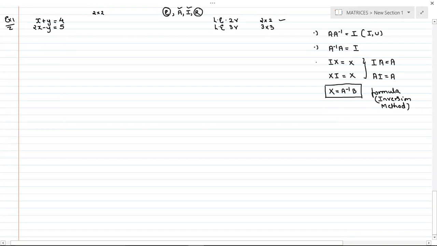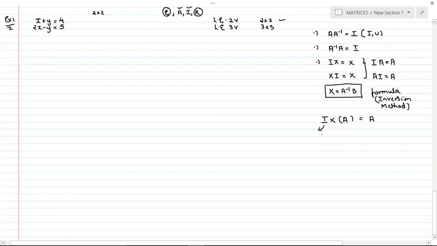Okay, the third formula is I into X equals X. That means whenever we multiply I to any alphabet, like suppose if I say A, you will get the answer A only. We know that I is known as the identity matrix, or else the unit matrix.